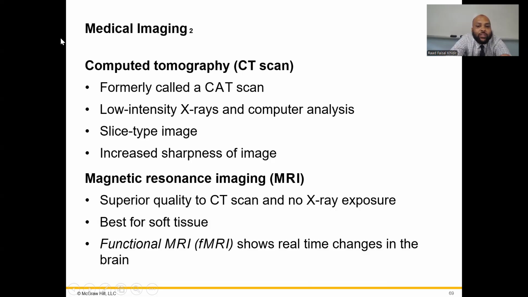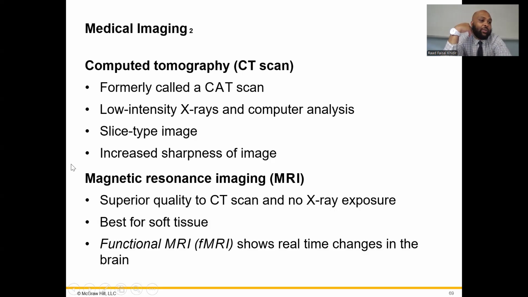Okay, medical imaging. Computed tomography, CT scan, formerly called a CAT scan. So there's low intensity X-rays and computer analysis. It increases the sharpness of the image.